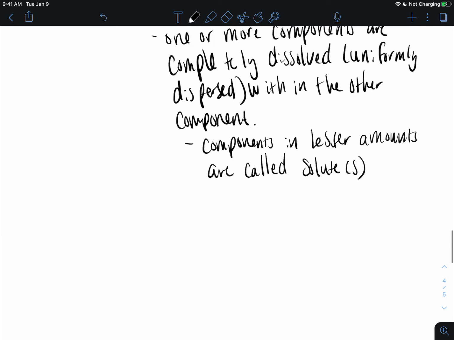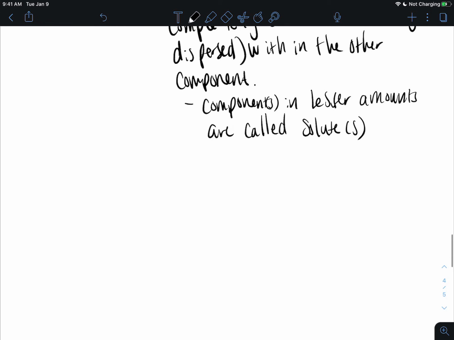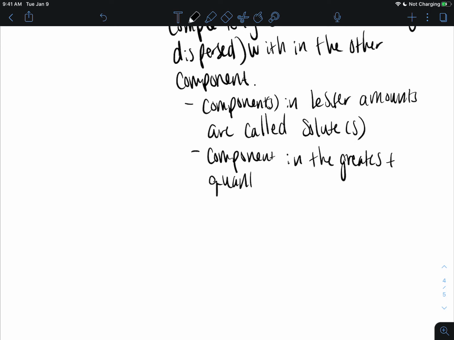And then the component in the greatest quantity is called the solvent. A thing to note about solutions, the components of a solution are small in size.